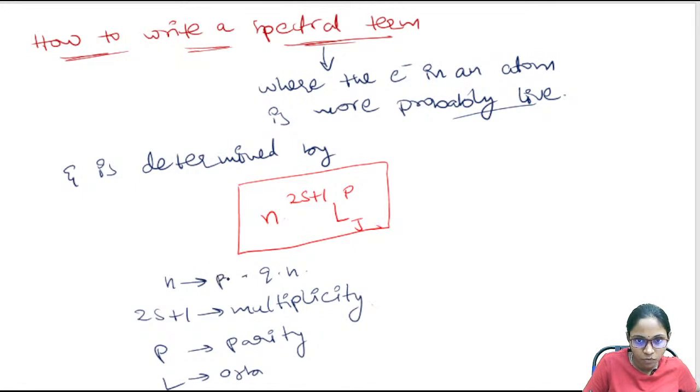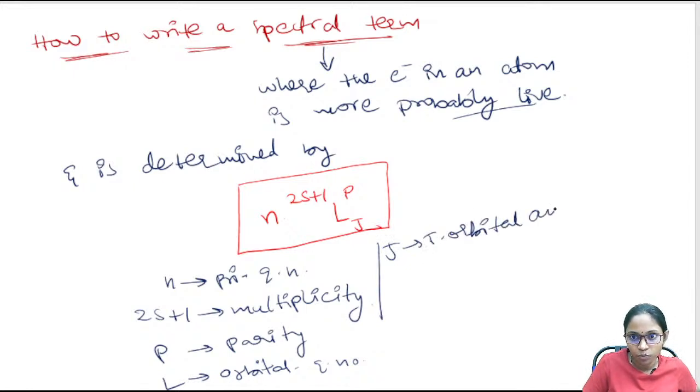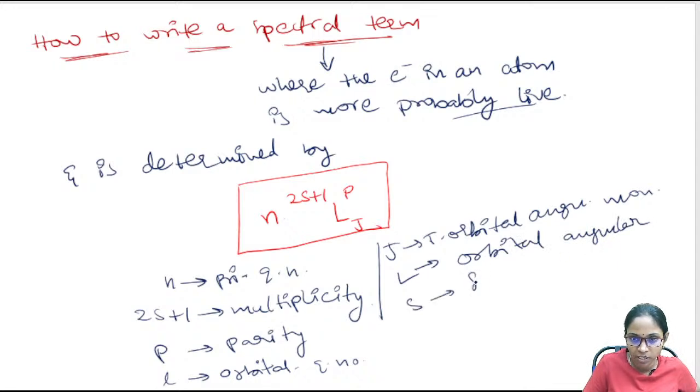N is the principal quantum number, and L is the orbital quantum number. J is the total angular momentum. If you take small l, it will be the orbital quantum number. Here we have capital L, the orbital angular momentum, and S is the spin angular momentum.